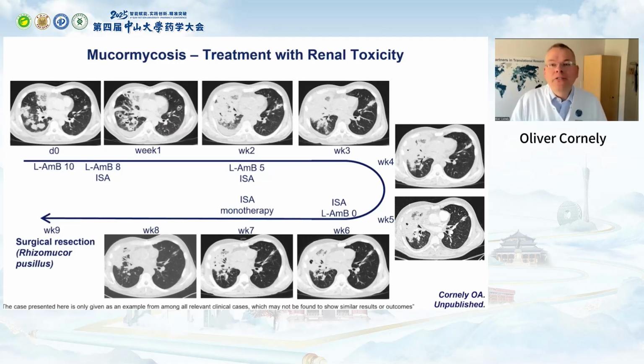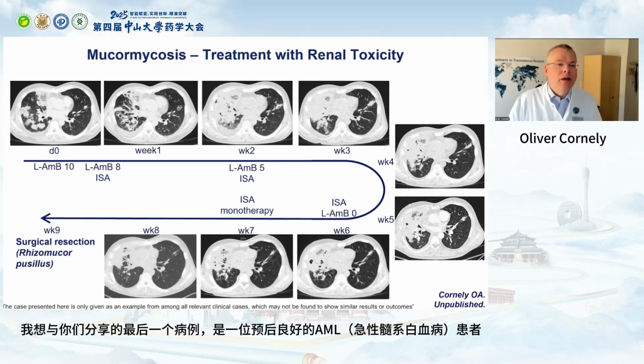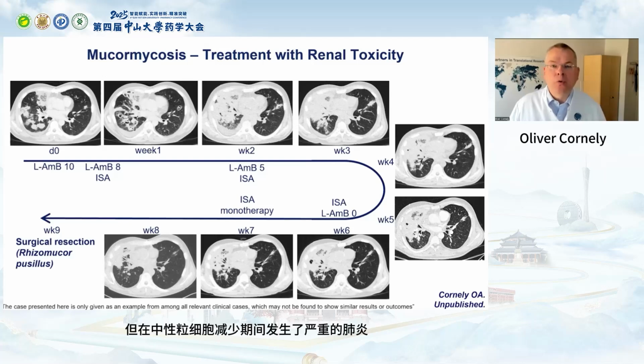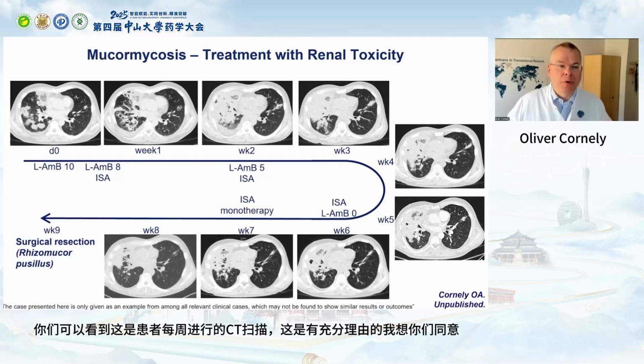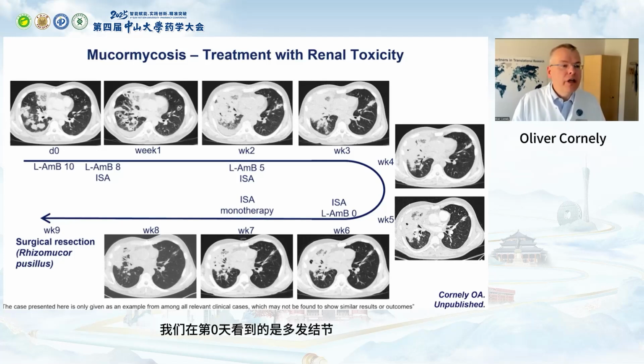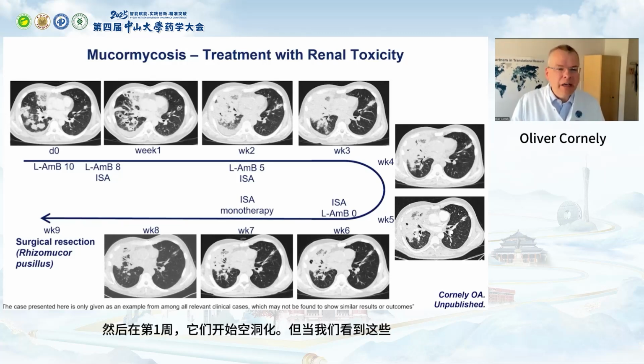One last of my cases that I want to share with you is a patient with AML, good prognosis, but then during neutropenia, a massive pneumonia. You see all the CT scans done weekly for good reasons, I guess you agree. What we can see here on day 0 is just multiple nodules, and then they are cavitating on week 1.